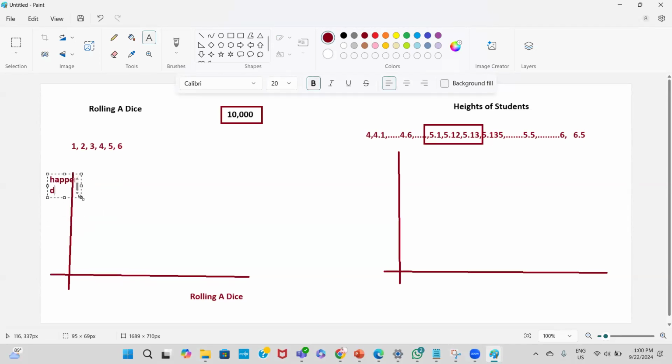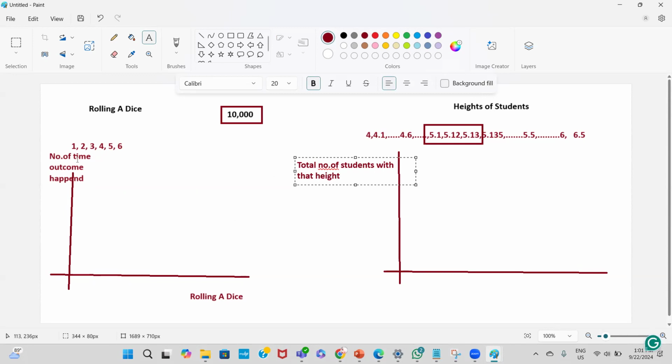So when you're doing it 1,000 times, how many times you're getting one, two, three, four, five, six. I'm just trying to graph that. And here I'll say the total number of students with that height in that particular range.